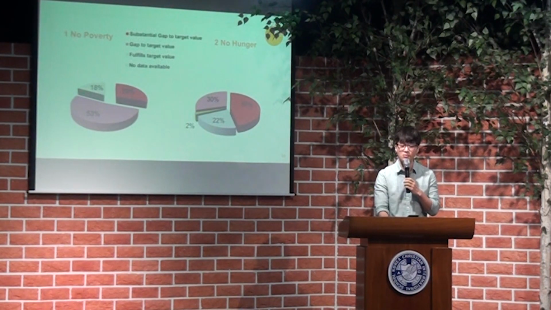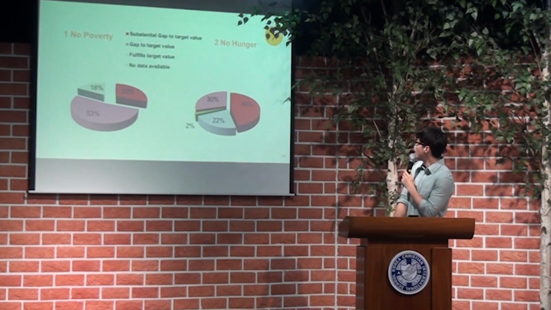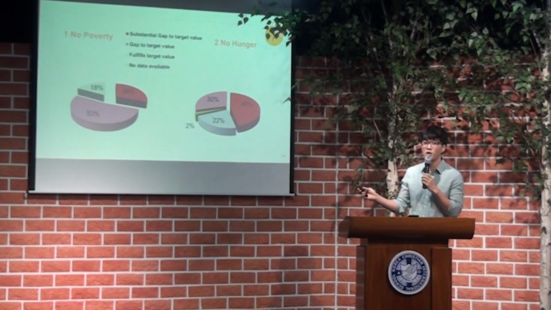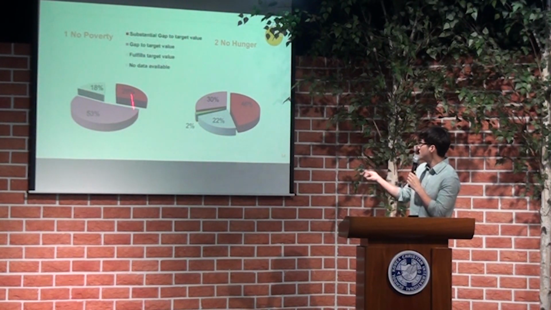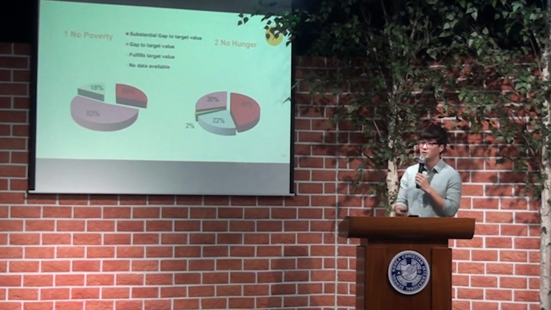So I'll show you with the pie chart. If you can see, the first one is no poverty and the second one is no hunger. And you can see only 18% has been fulfilled up to the target. And for hunger, only 2% has been obtained.